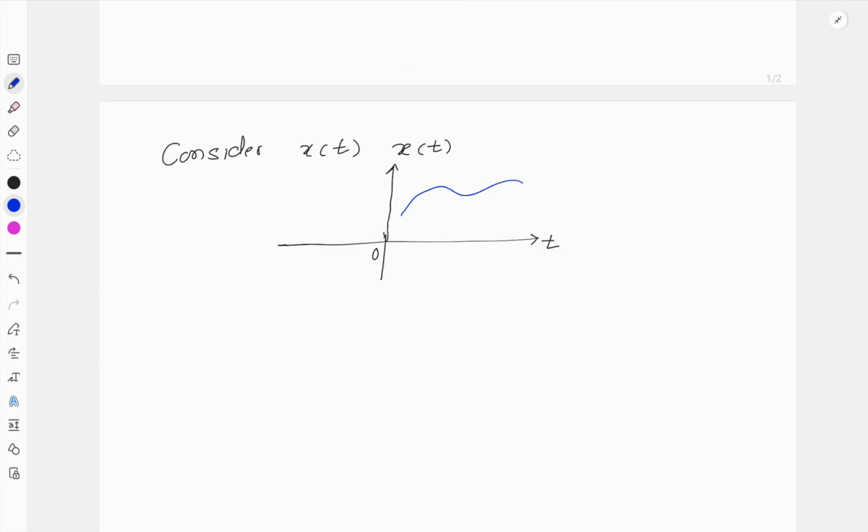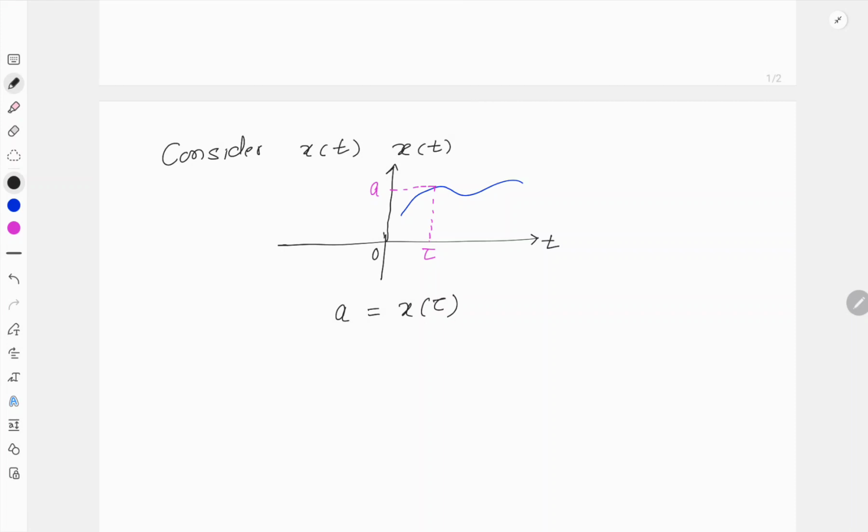Now consider this x of t signal as shown in this diagram. I need to mark a single point on this signal. Let's say at time equal to tau, the amplitude of the signal is A. This amplitude A can be represented as x of tau.